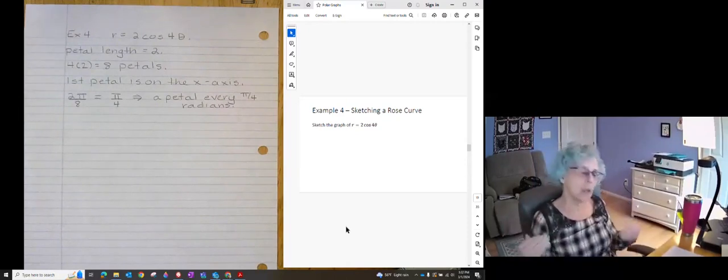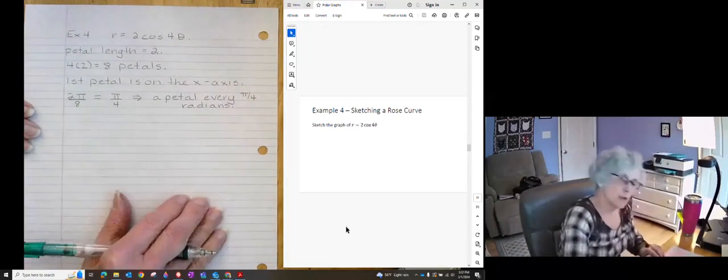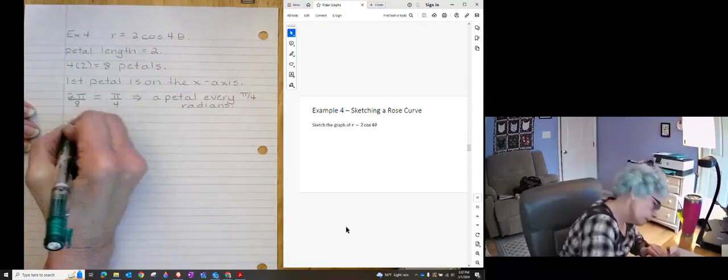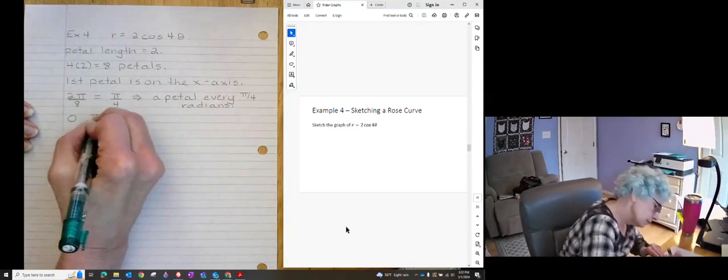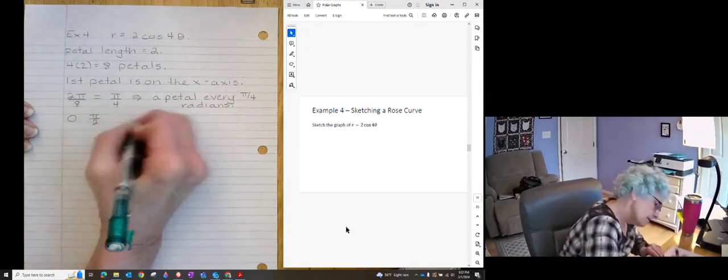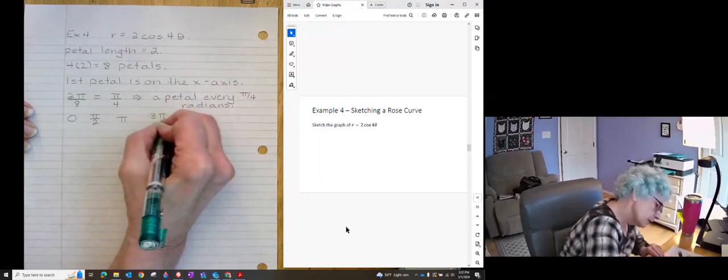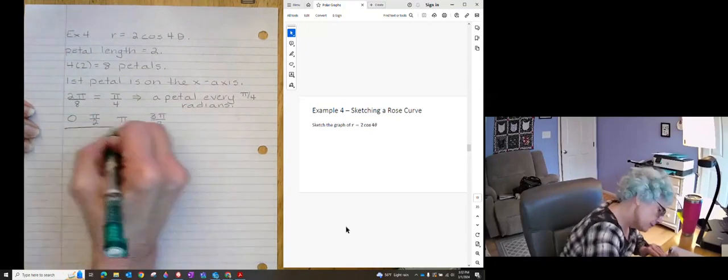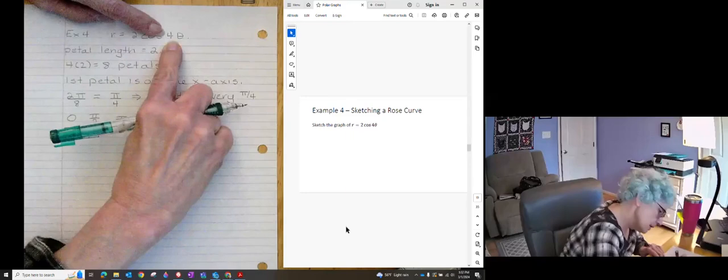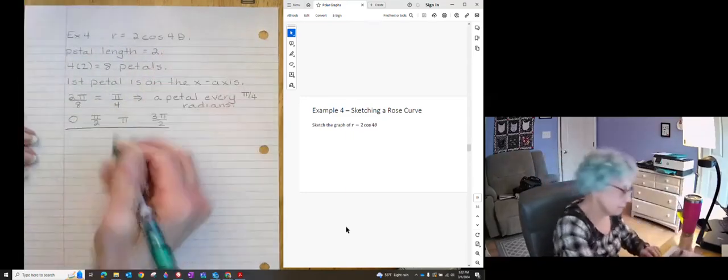If you want to plot some points, you have to take the big 4, so 0, pi halves, pi, 3 pi halves, and divide everything by that number that's sitting next to theta.